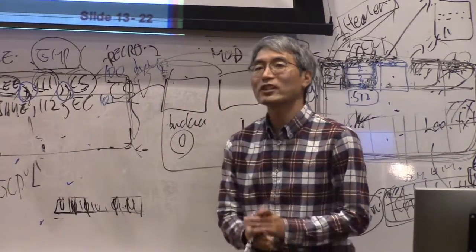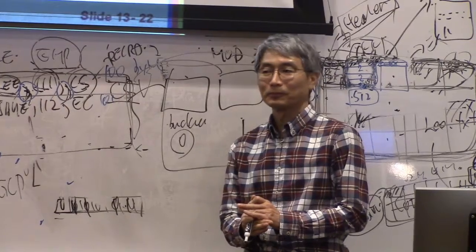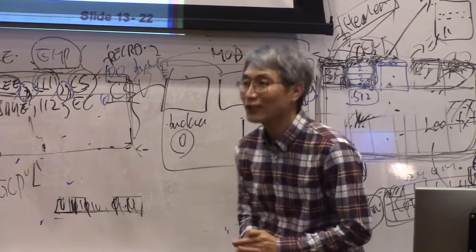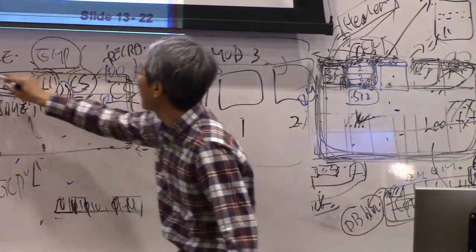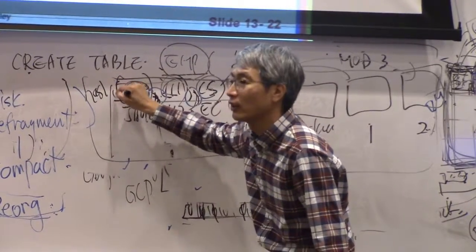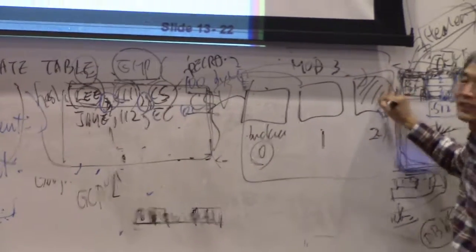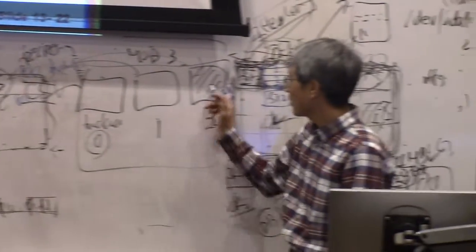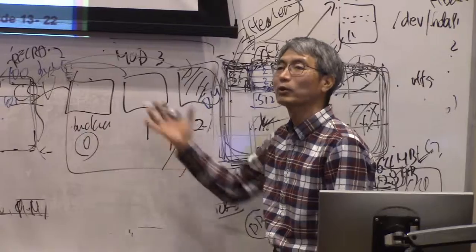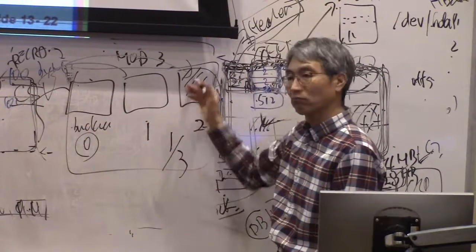Then, what is the benefit? If you are searching for data, you can apply the same hash function. Let's say the result is 2, for example. Then you only search this bucket. So only 1/3 of the data, even though it's linear.